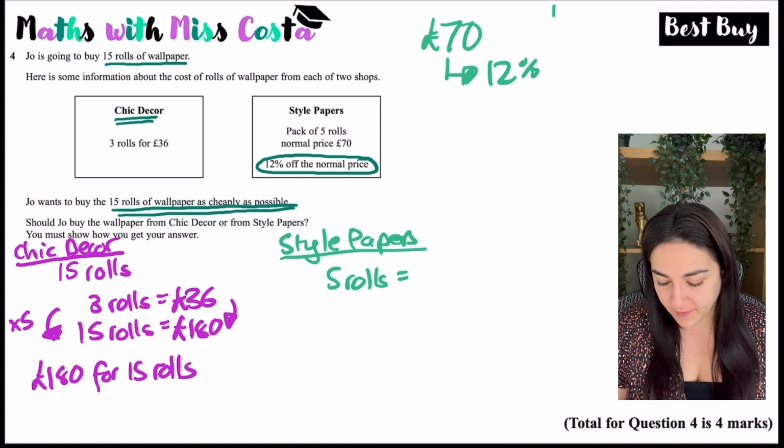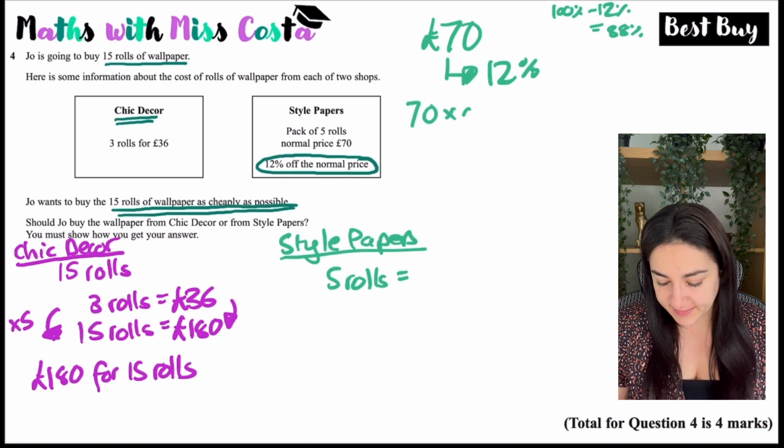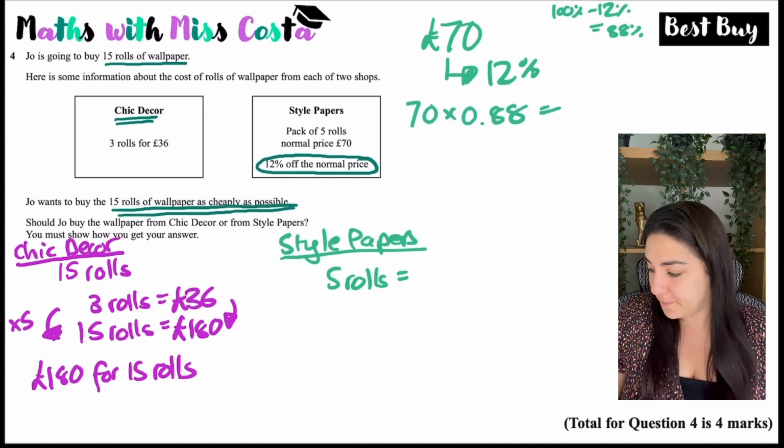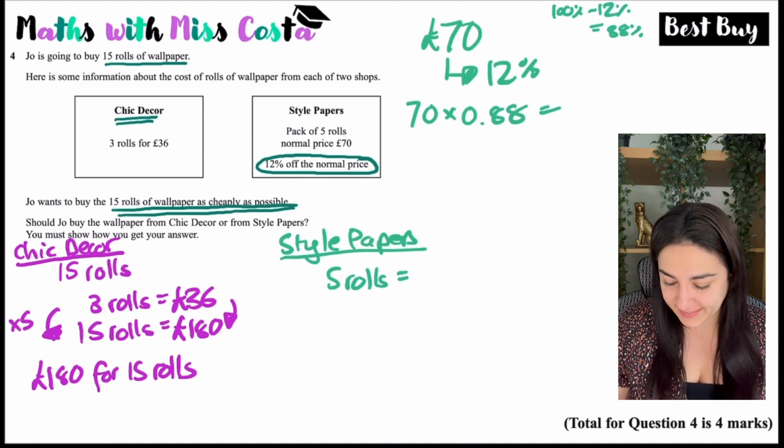So I know that 100% take 12% is going to leave me with 88%. So I know my percentage multiplier would be 0.88. So if I did 70 times 0.88, that would be £61.60.